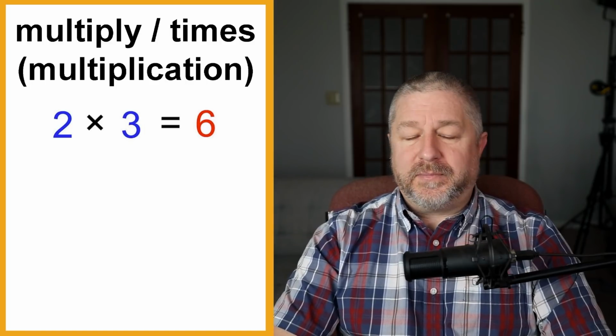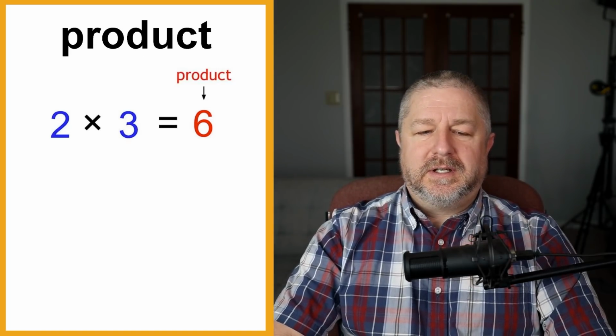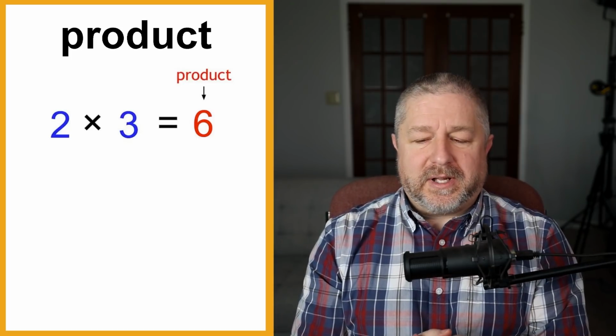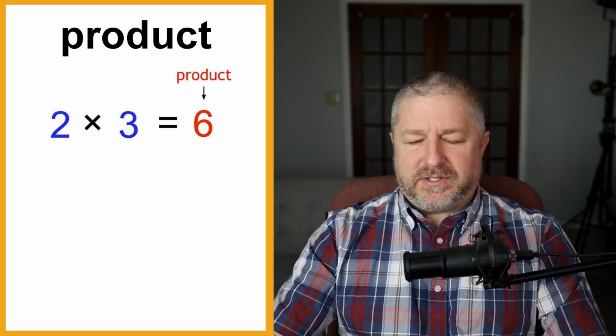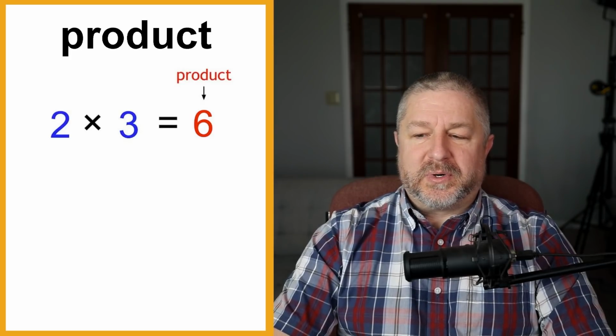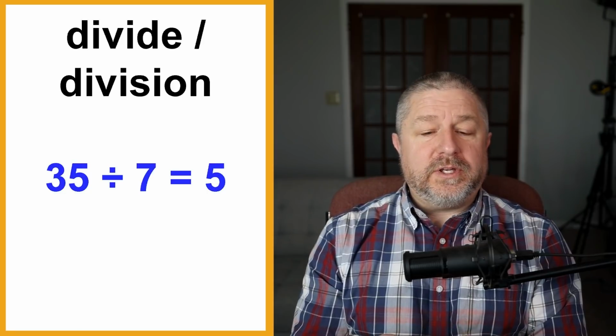Let me say it one more time. 2 times 3 is 6, or 2 times 3 equals 6. And that is, of course, called a product. So the answer to the question when you multiply is called the product. 2 times 3 equals 6. 6 is the product.